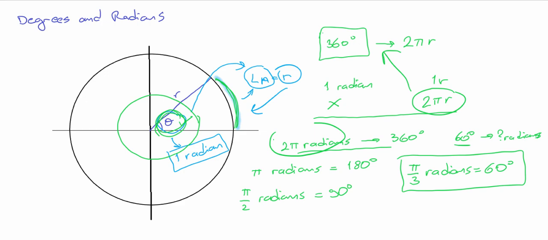You can convert any degrees to radians using this simple equation: 2 pi radians is equal to 360 degrees. That simple, and this is just by definition.